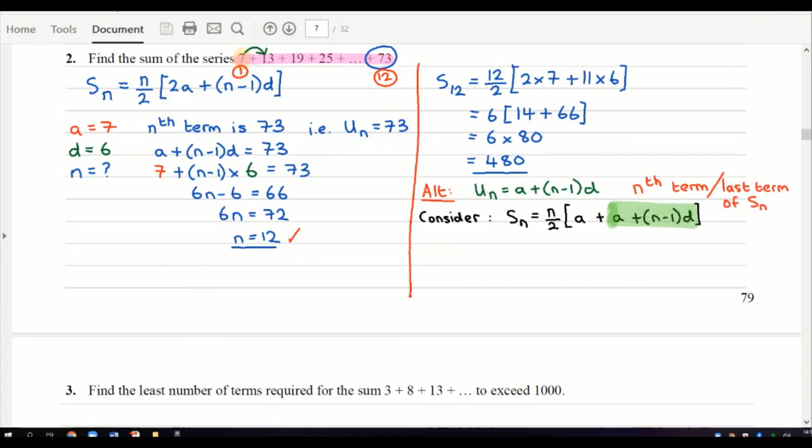So I can actually rewrite the formula in a really nice way. I can actually write it like this. So the sum of n terms is actually the same as n over 2 multiplied by a plus, now I'm going to use capital L for this.